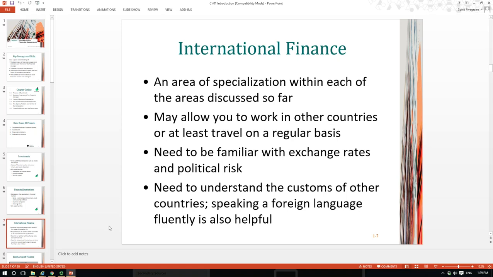In order to provide international finance services in a foreign country, you need to be familiar with exchange rates and the political risk associated with exchange rate fluctuation. Also, you need to understand the customs of other countries. Speaking a foreign language would be very helpful. And this is a surging area for finance majors in this country.